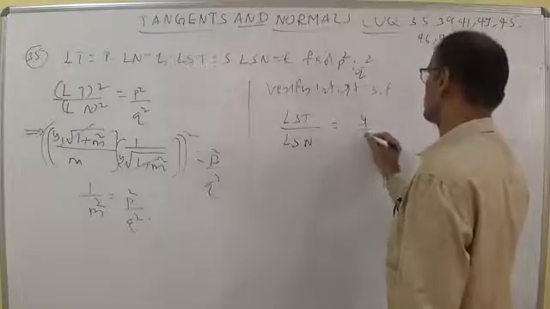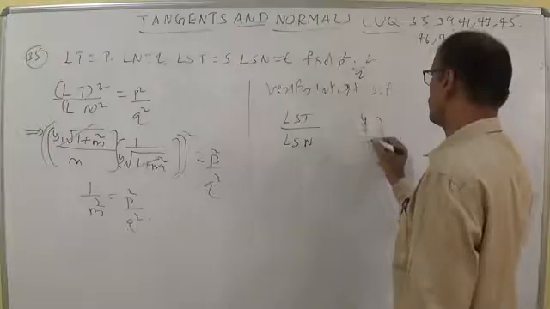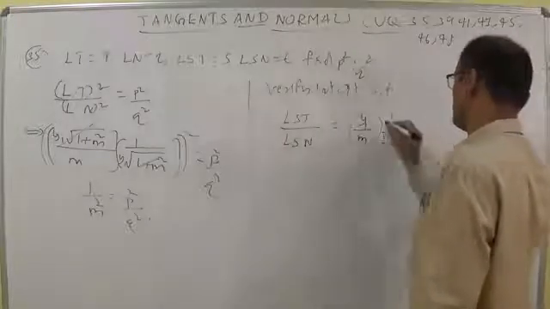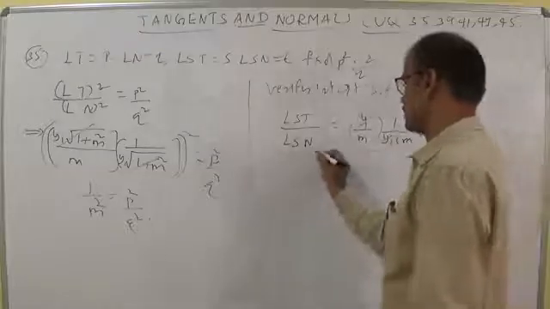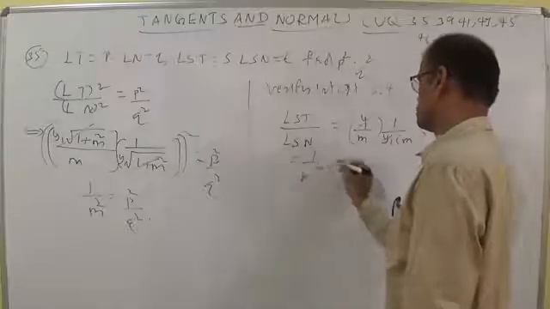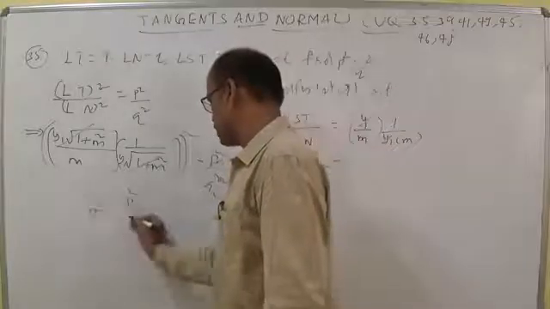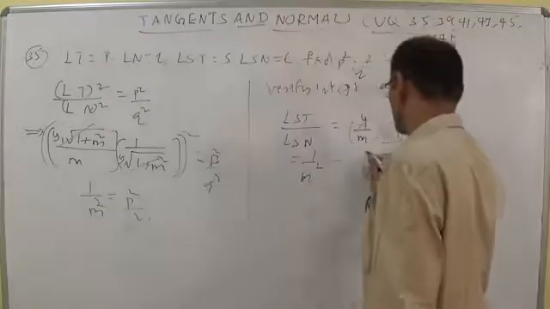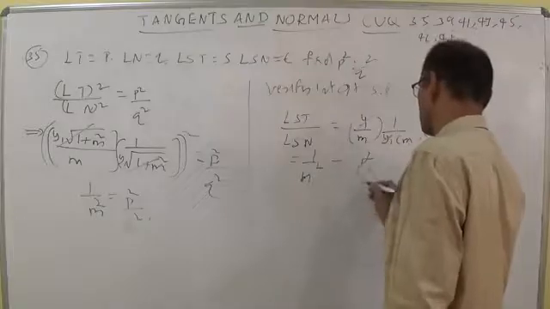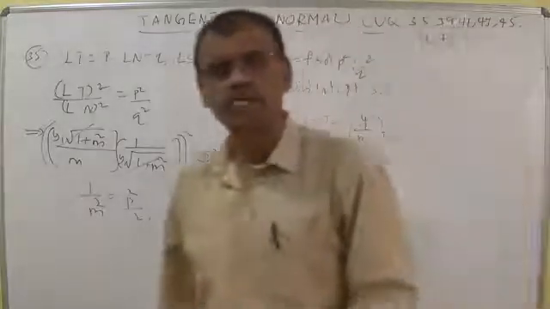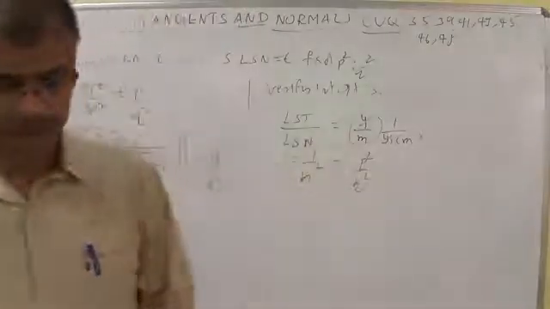Length of subtangent formula is y1 by m into length of subnormal formula y1 into m. y1 gets cancelled, giving 1 by m square. The value we already got is P square by Q square. So we can write P square by Q square. We have taken S is to T, so the first option is verified.